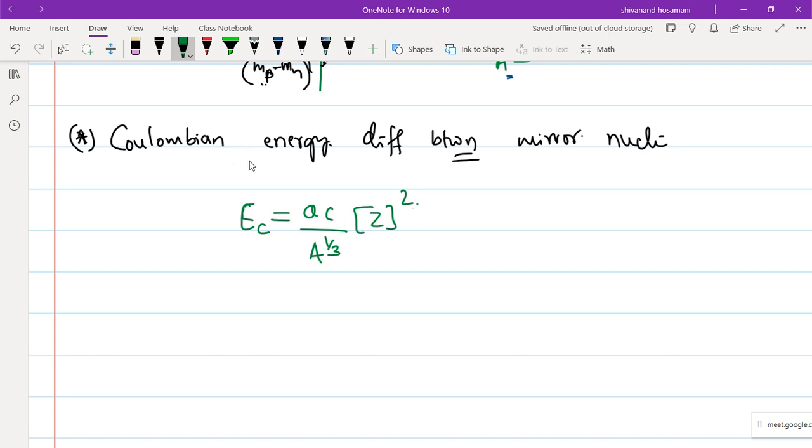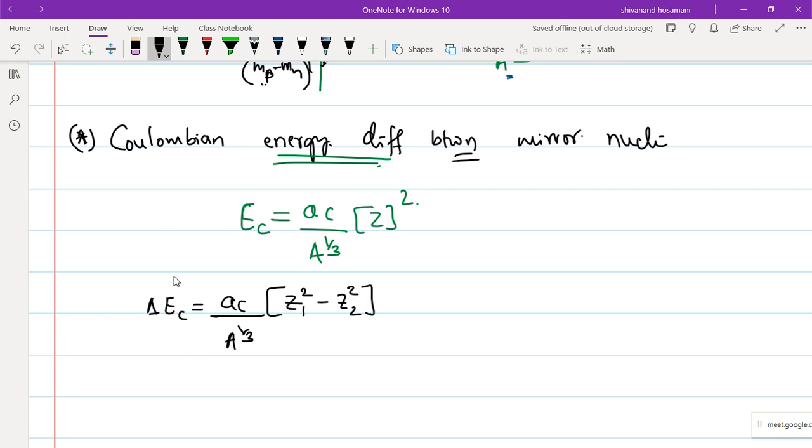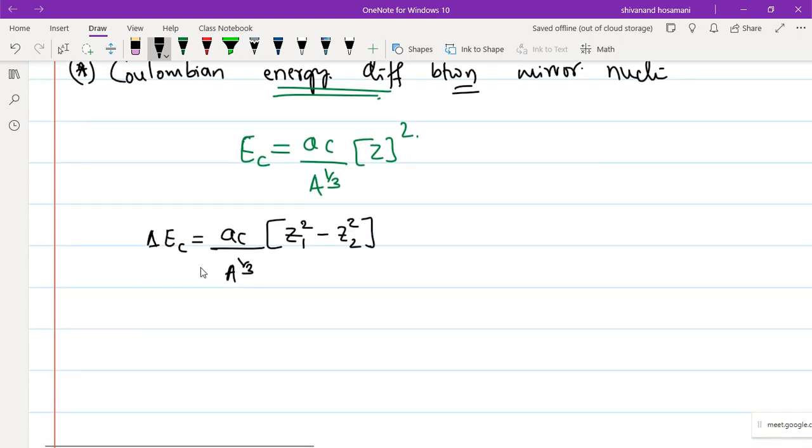Alright. Then if I take the energy difference, delta EC is equal to the constant AC divided by A to the power of 1 by 3 into Z1 square minus Z2 square. This is the energy term.